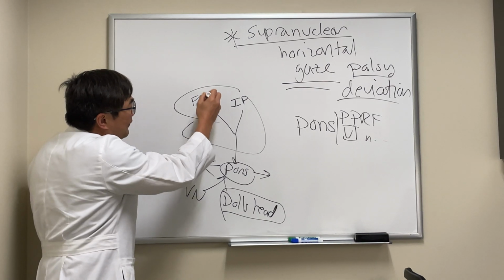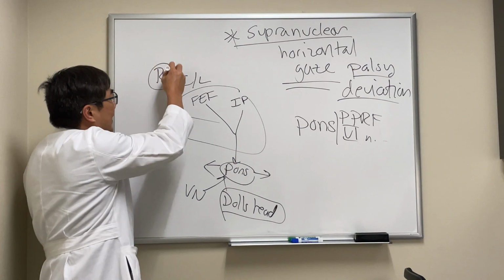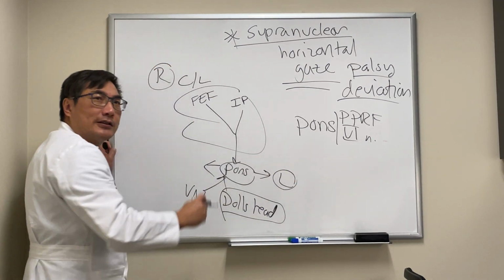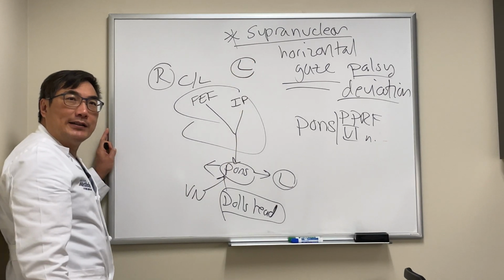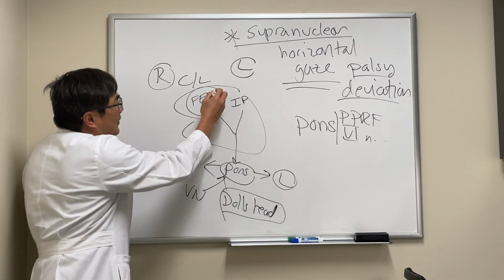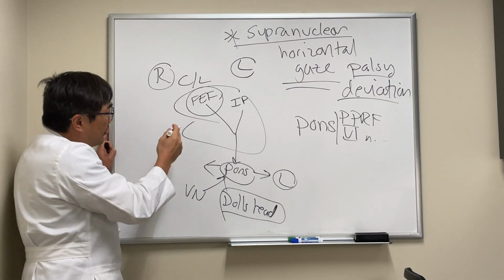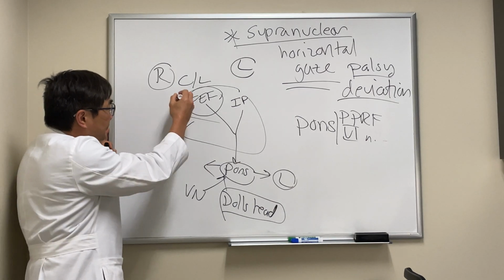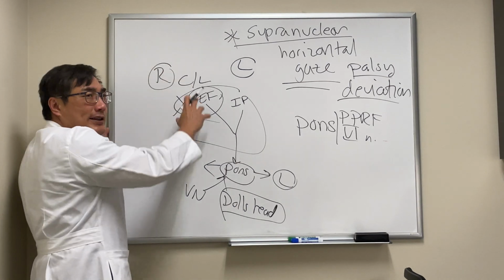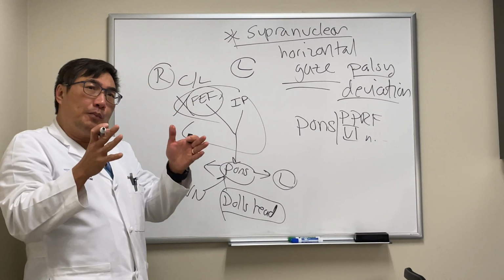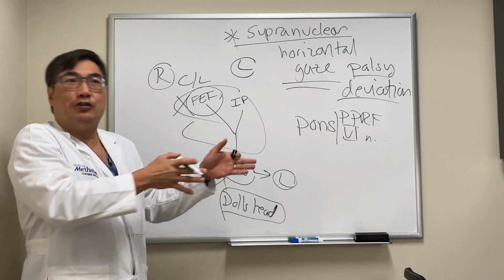And so in the frontal eye field, it is the contralateral frontal eye field. So the right frontal eye field makes you look to the left, and the left makes you look to the right. And so if you have a frontal eye field lesion from, let's say, an MCA distribution infarct, you can have a destructive lesion in the frontal eye field, and if you damage the right frontal eye field, then you won't be able to tell the left sixth nerve nucleus to look to the left.